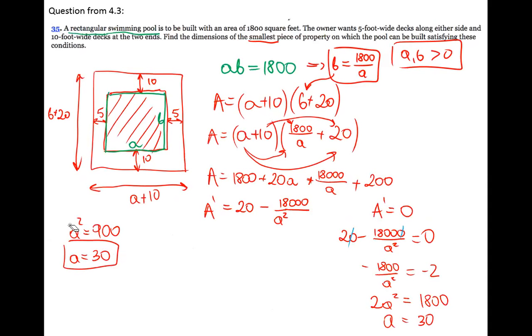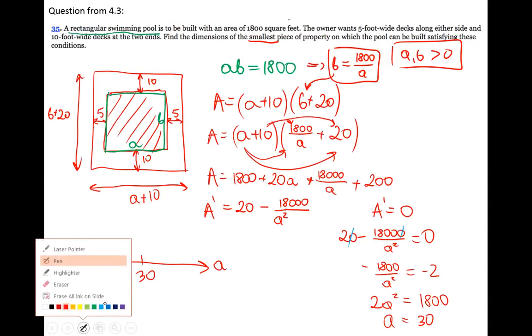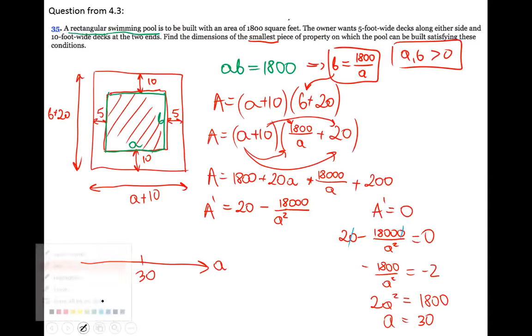That means probably 30 feet. But let's check what is happening. A is 30, and let's check the sign of the derivative. I can pick any test value. If I put 1, it will give me 20 minus 1800, which is negative.